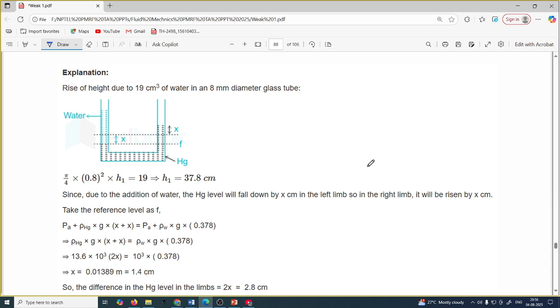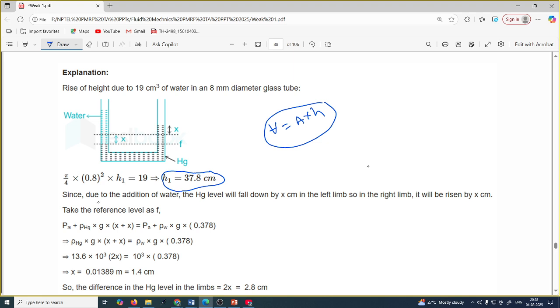Okay, so as you put the height, similarly you will calculate the height of the water. The height of water is coming. How will you calculate it? As I have told you, the volume of water is equal to area into height. From this relation it is calculated as 37.8 centimeter.